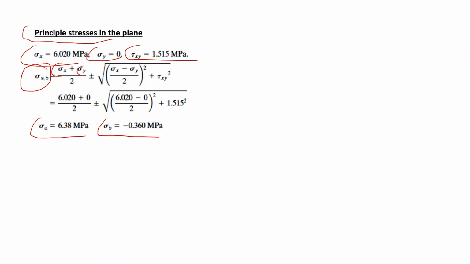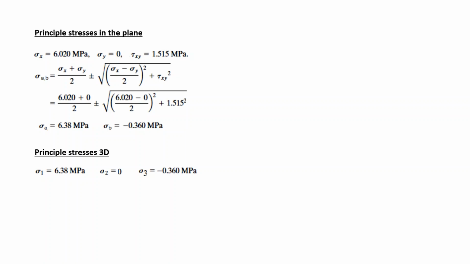We do not know whether these are 1, 2 or 3, but we know there is another principal stress perpendicular to this plane, which is 0. So you can name this one as 1, this one as 2, and the last one as 3. These are the principal stresses in the three-dimensional case.